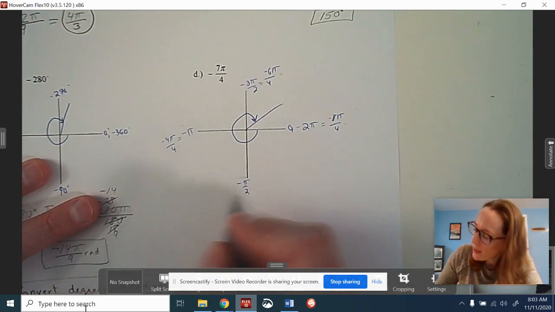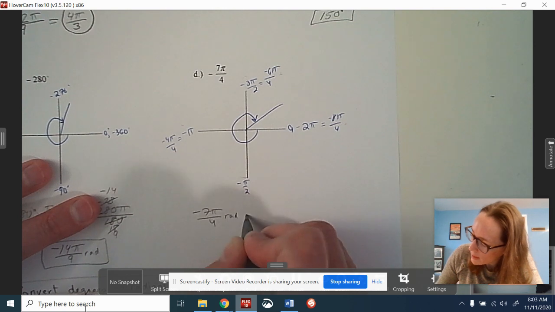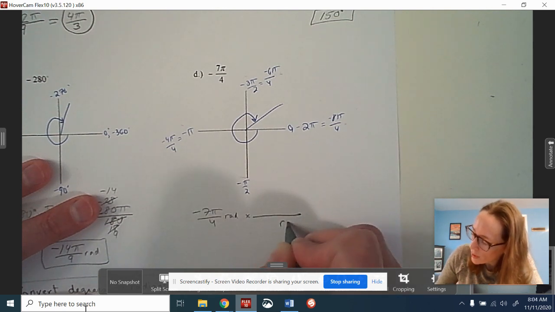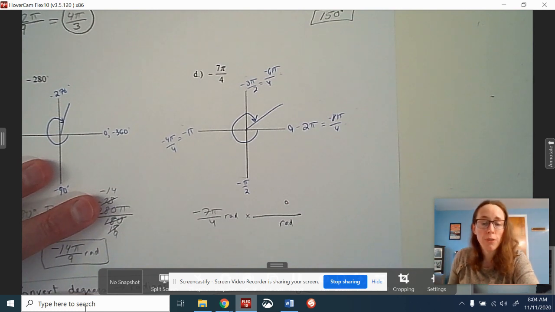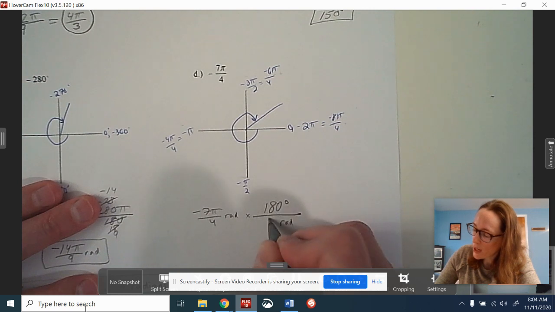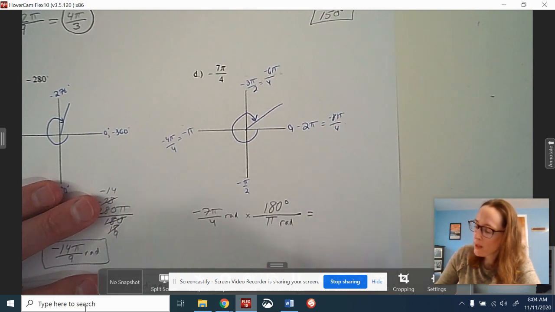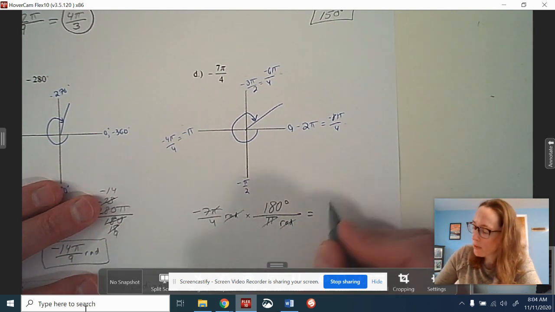Last one. Negative 7 pi over 4. We have this in radians. I want to get rid of radians, so I'm going to put that in the denominator, and I want to keep degrees, so that's what I need in the numerator for my conversion factor. So 180 is going to go up top, and pi is going to go on the bottom. Radians will reduce out. Pi is going to reduce out. And you can right now reduce the 180 and the 4.